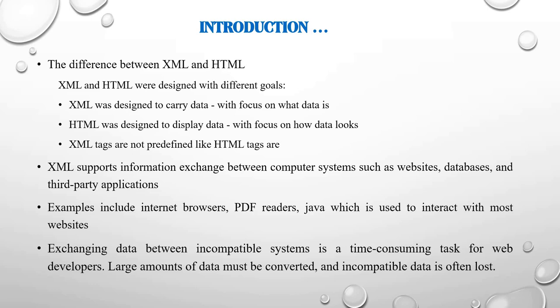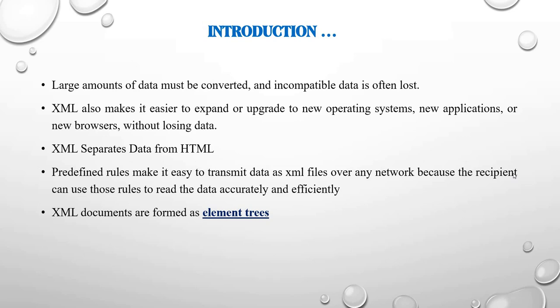XML supports information exchange between computer systems such as websites, databases, and third-party applications. Examples include Internet browsers, PDF readers, and Java, which is used to interact with most websites. Exchanging data between incompatible data systems is a time-consuming task for web developers. A large amount of data must be converted and incompatible data will be lost.